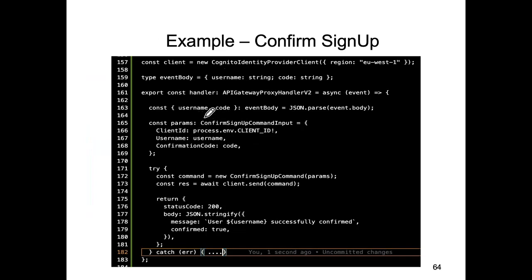So in this case, it looks like it's a confirm sign up command, which makes sense. Again, I have to specify the Cognito client that I'm using and the data that was entered by the user. Send it on and take the response and send it back to the client side, to the user, let's say.